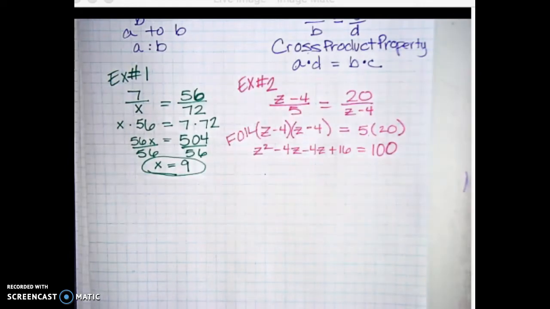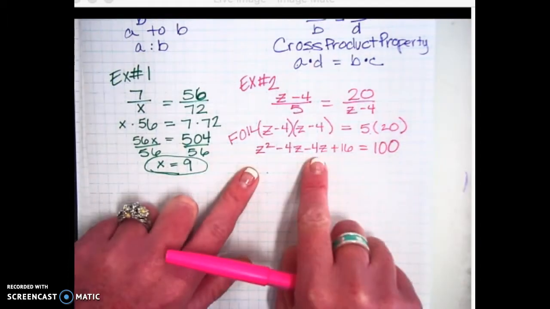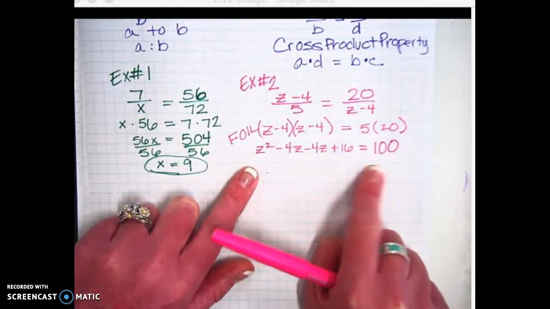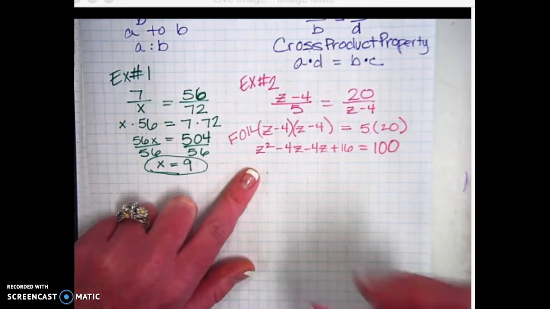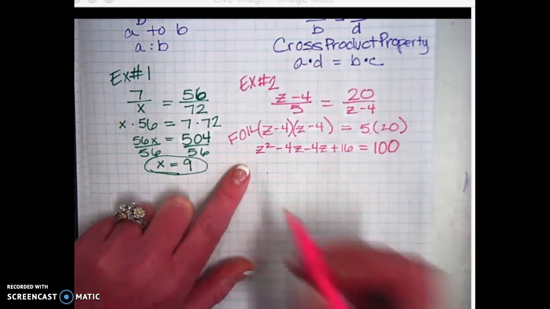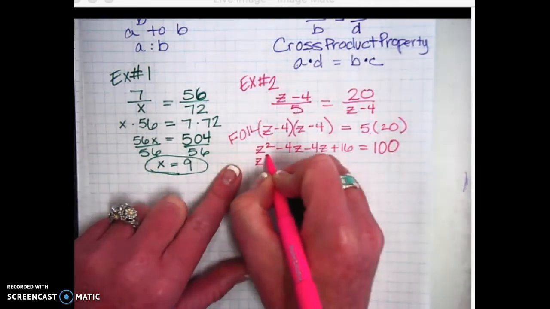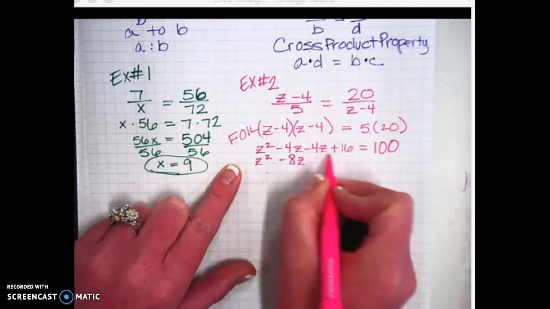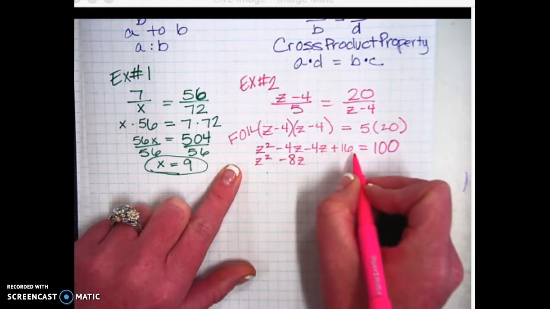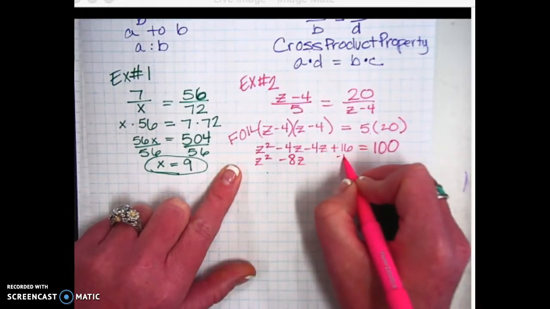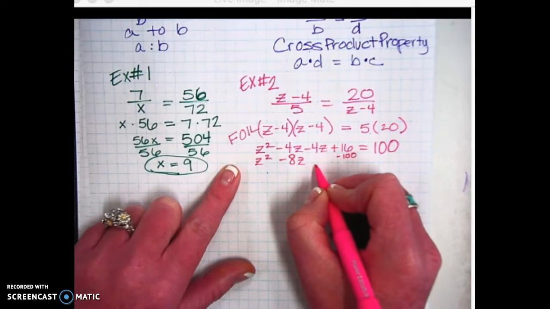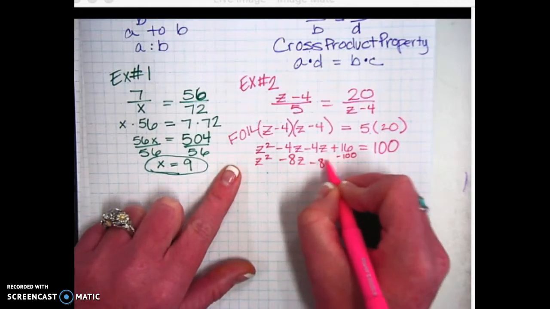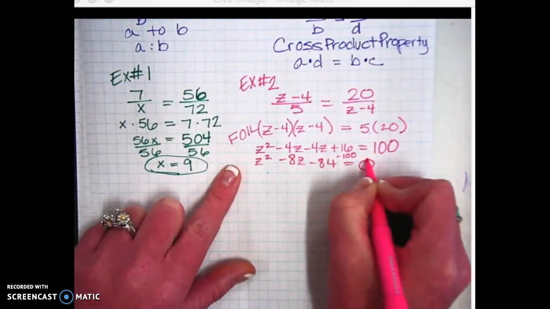Okay? So now I can combine these z's, and if I move this 100 over to this side, I can set it equal to 0, and then we're going to factor. Okay? So we've got z squared minus 8z, because I combine these 2 right here, and then 16, we're going to subtract that 100, so it's minus, what is that, 84? Minus 84 equals 0.